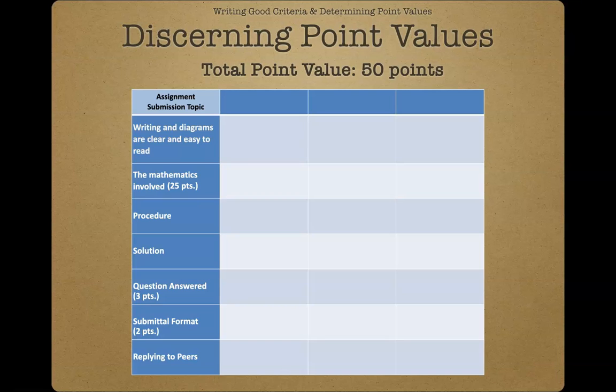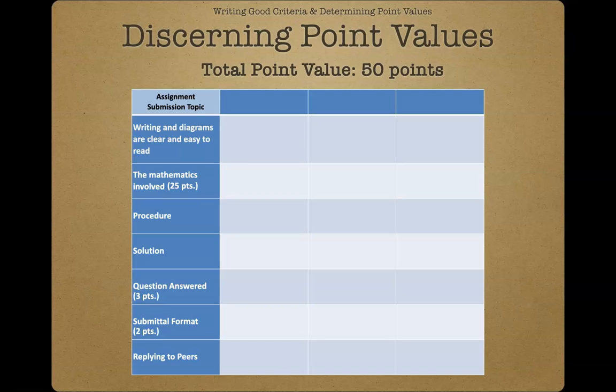Yes, that's critical, that they need to include that, but based on the fact that they already have a solution and showed their procedure and the other things in the rubric, it's still kind of down in terms of the point value for that particular step in this assignment.